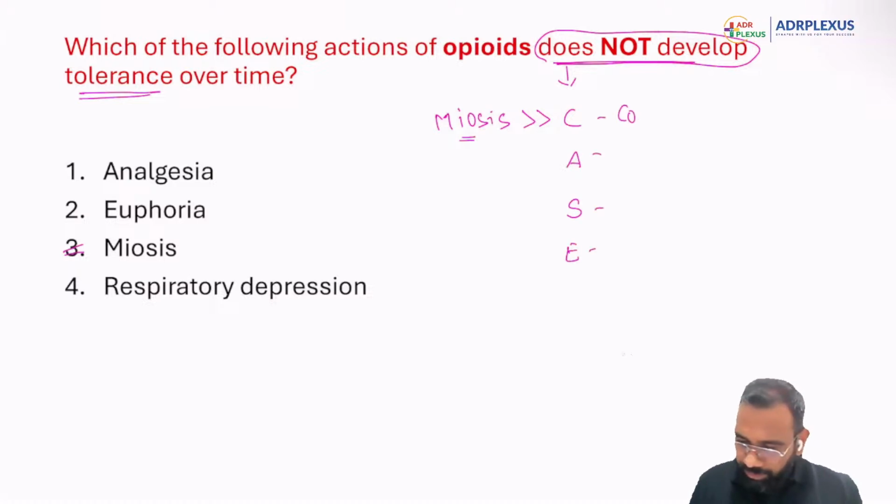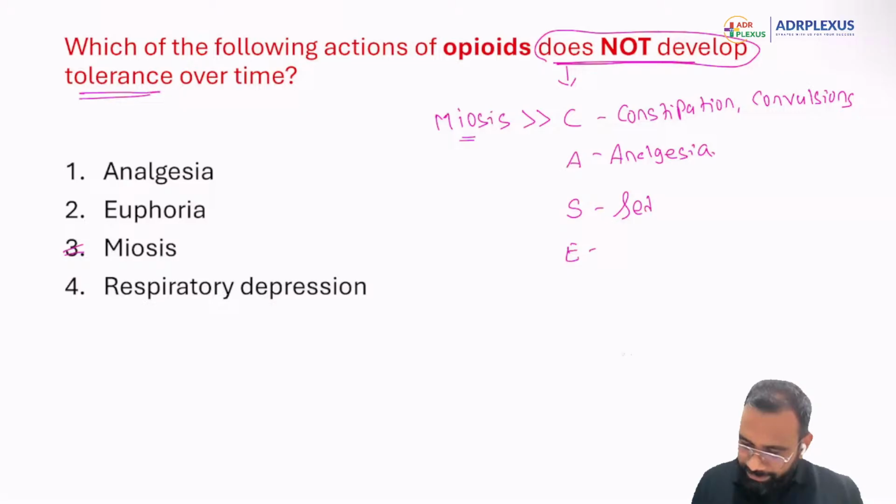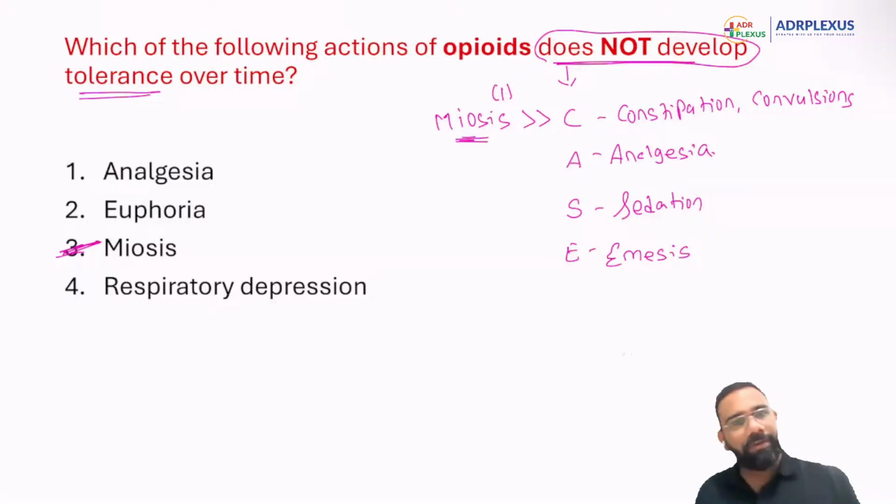What is this one? C, constipation. And one more C, convulsions. A, analgesia, sedation, and MSS. First preference is always miosis. Miosis does not develop tolerance.